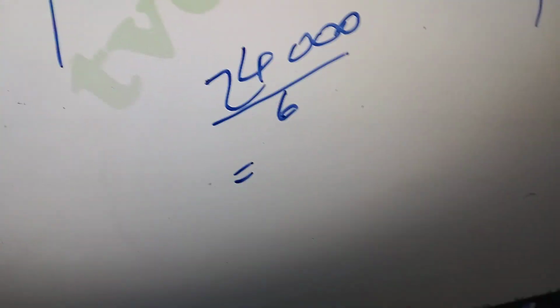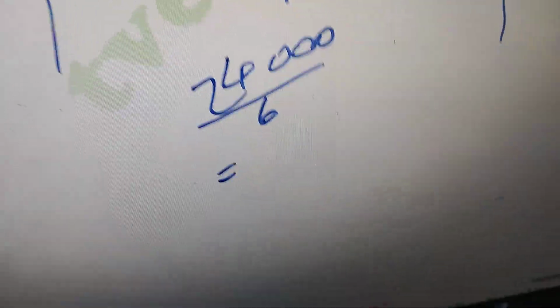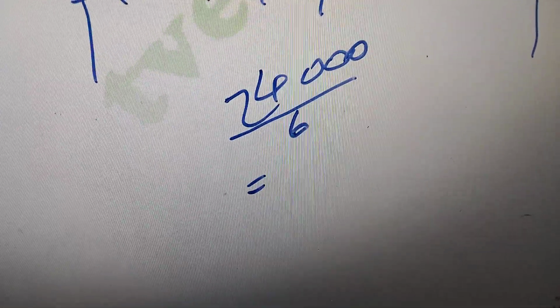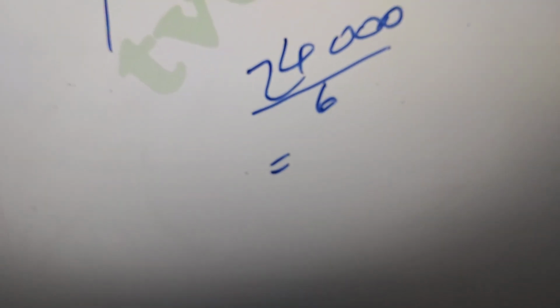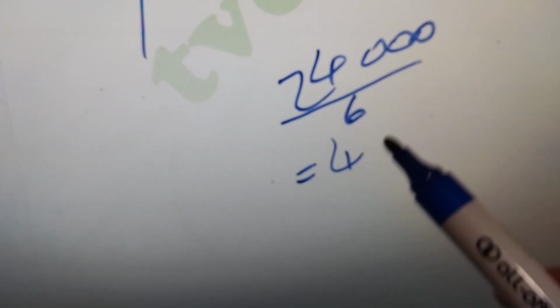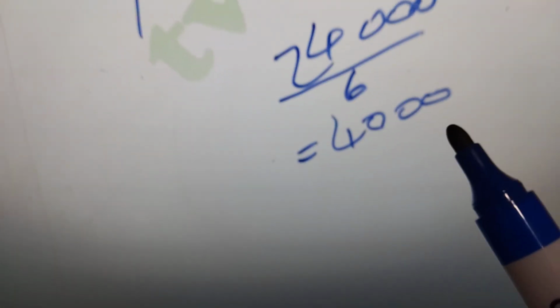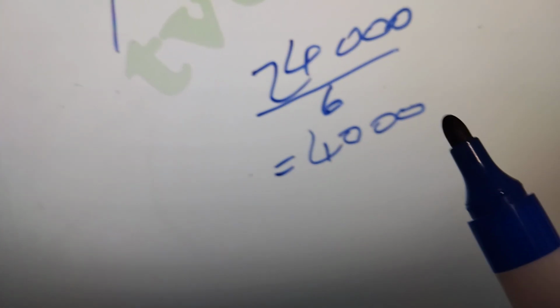If we say 24,000 divided by 6, you must come with the total of how much? It gives you 4,000. This is the money for a month.